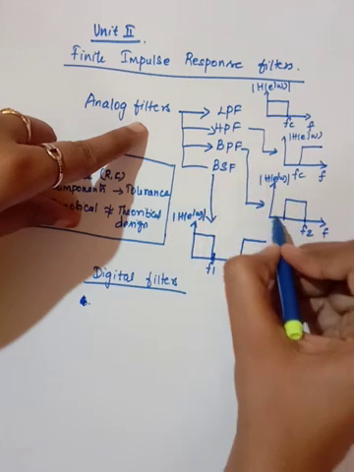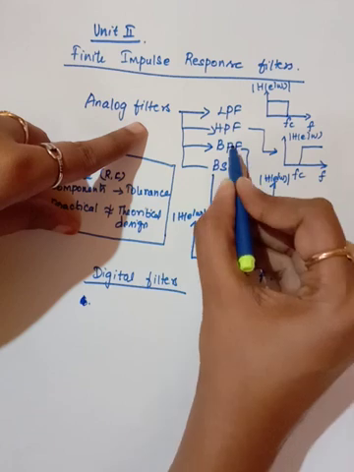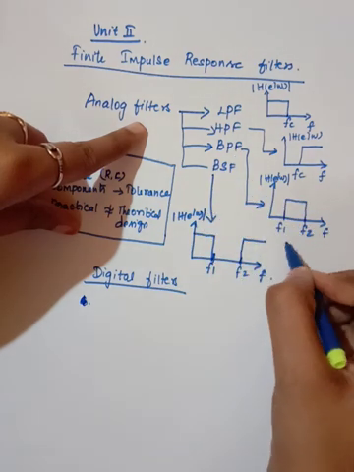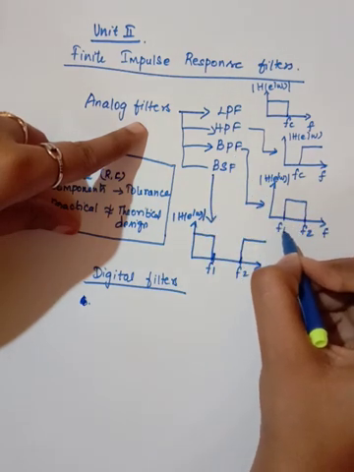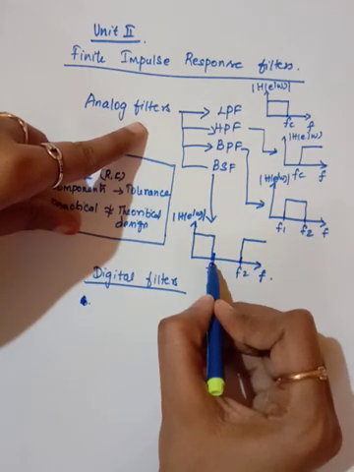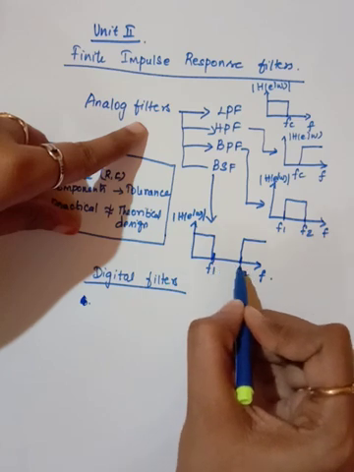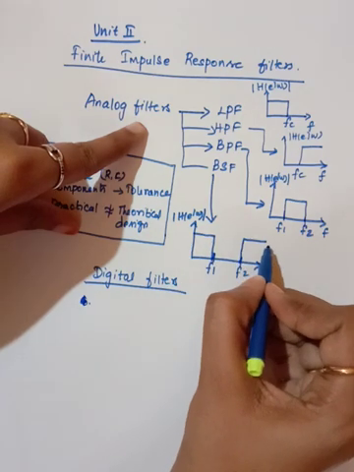A band pass filter has two cutoff frequencies and will pass the frequency from f1 to f2. A band stop filter will block the frequency from f1 to f2 and pass the remaining frequency.